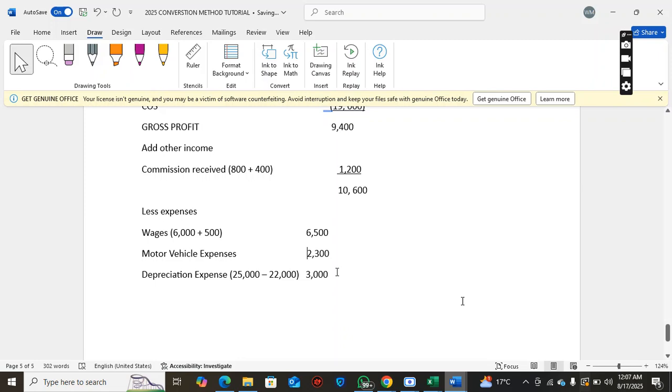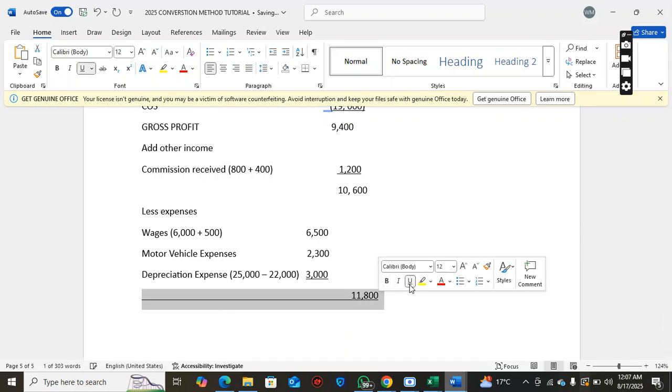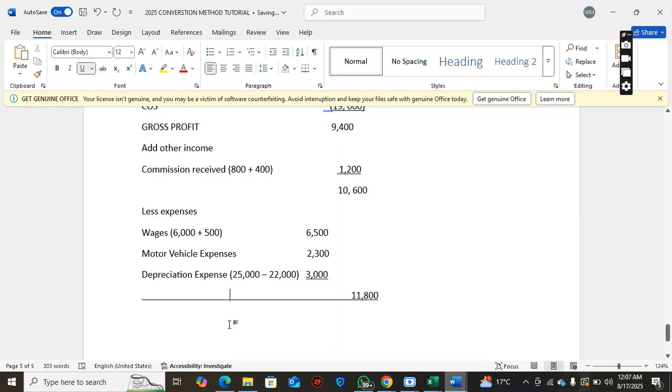Okay. So these are our expenses. So we add them up. 6,500 plus 2,300 plus 3,000. Okay. So our net profit: 10,600 minus 11,800.